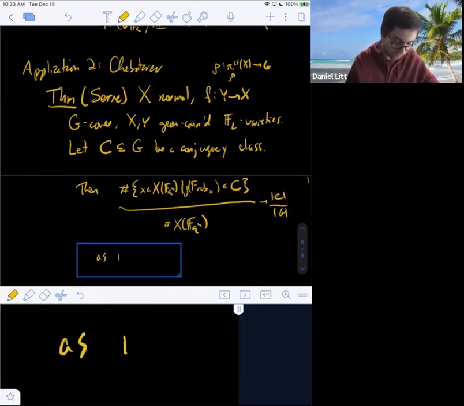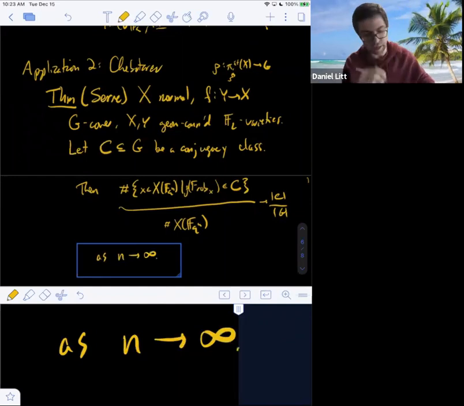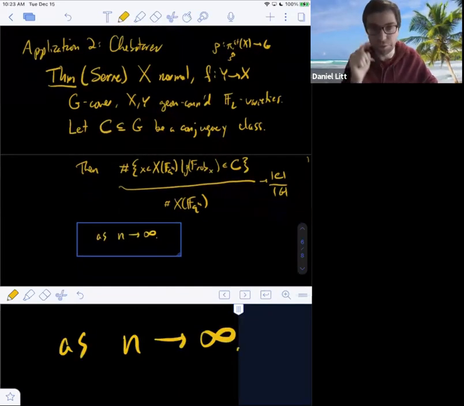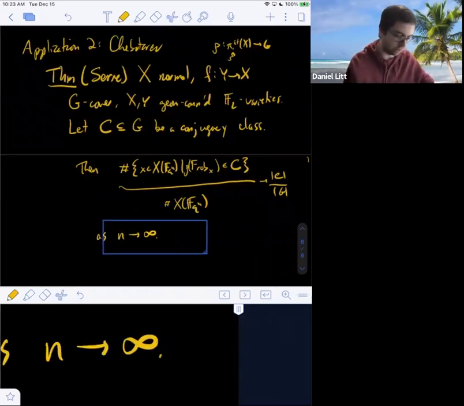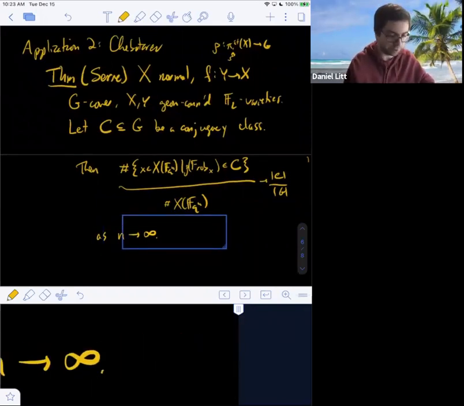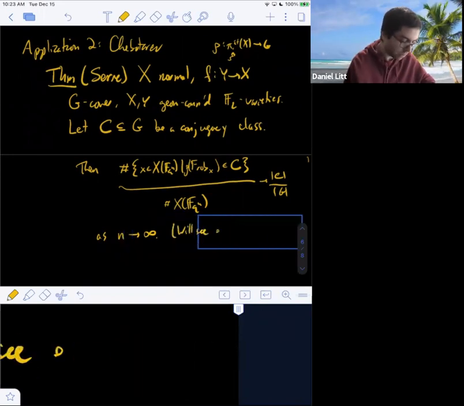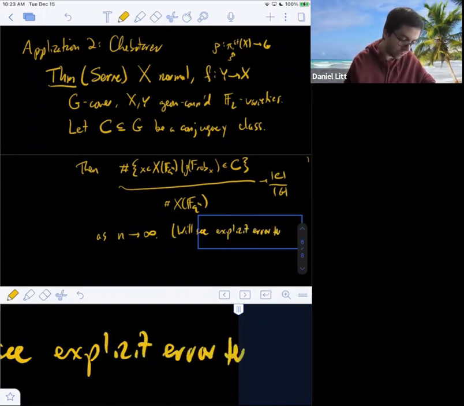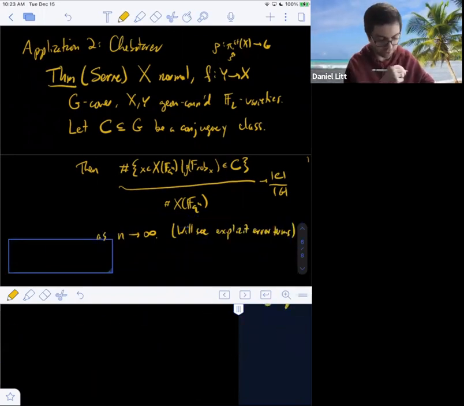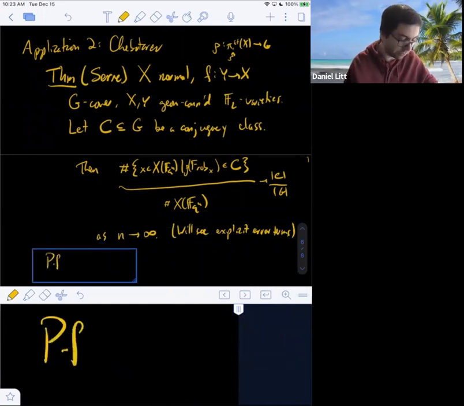as n goes to infinity, and in fact we'll see from the proof that you get pretty explicit error terms. Those error terms will capture something about the geometry of X, which is why I'm saving them for the proof.